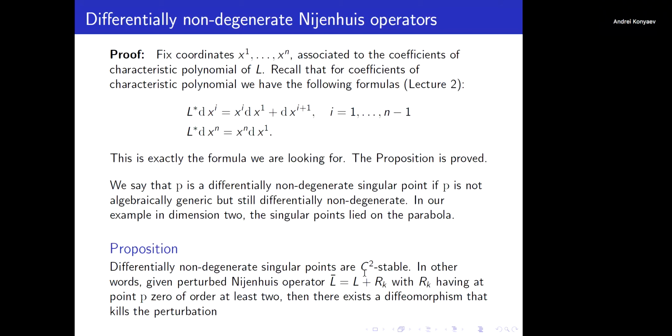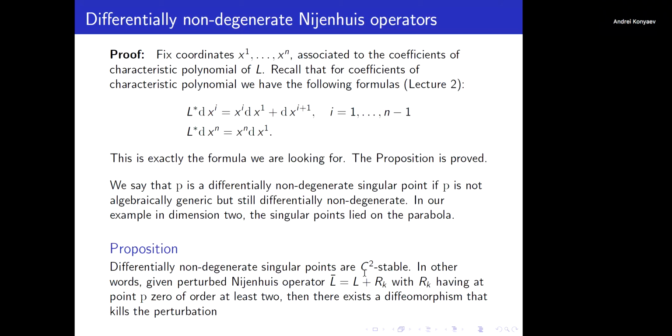They stay independent in the neighborhood of the point. It means the differentially non-degenerate point stays differentially non-degenerate with a small perturbation. If it is so, then we can apply the proposition we have proved earlier, which is again very simple. And we get that the geometry stays the same.